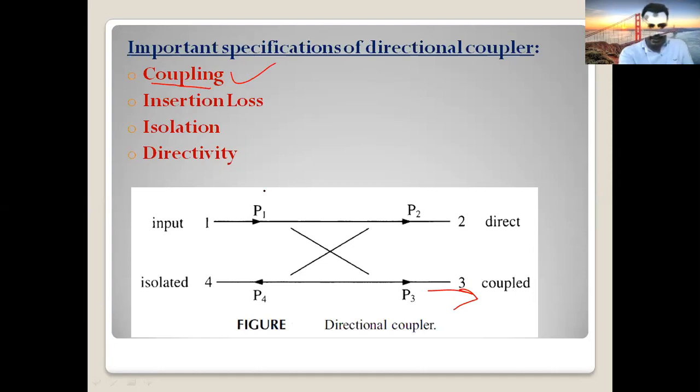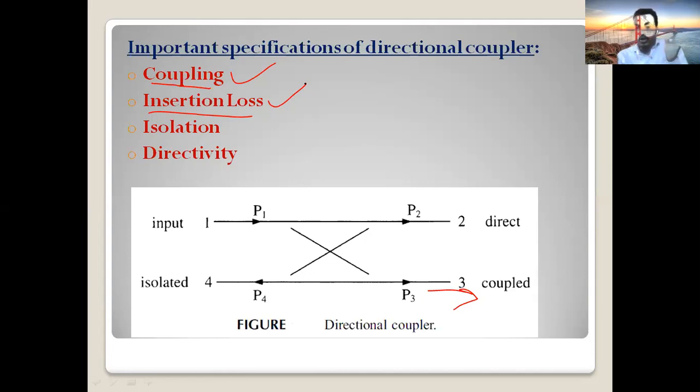The second specification, we call it insertion loss. As you can see here, it is insertion loss. So what does it mean? Any passive device, if you transmit a signal through this device, the device absorbs some amount of energy. There is always insertion loss. We call it attenuation or insertion loss due to components.